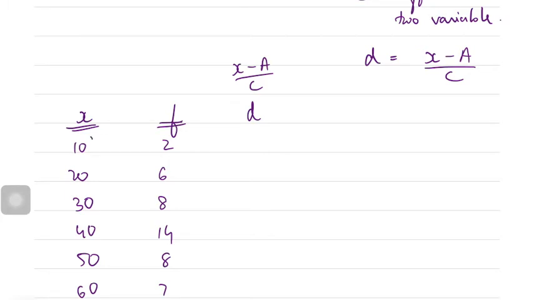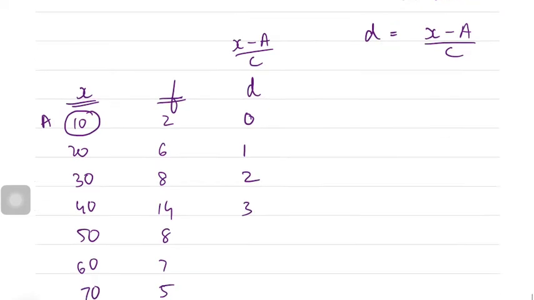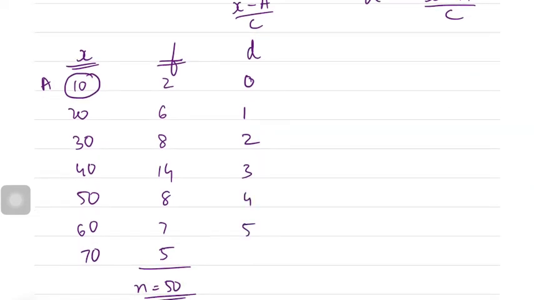Again I take 10 as my A. 10 minus 10 divided by 10 is 0. Then 20 minus 10, which is 10, divided by 10, which is 1. 30 minus 10, which is 20, divided by 10, 2. 40 minus 10, 30, divided by 10, 3, then 4, 5, 6.